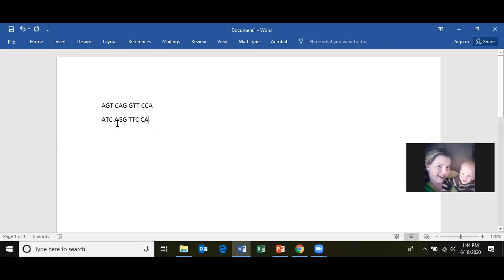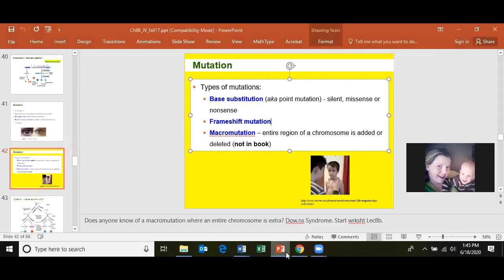And it would be the same thing if I added a nucleotide. That still would be a frame shift mutation. You change the codons from where you added the nucleotide. Okay? Any questions about that? All right.